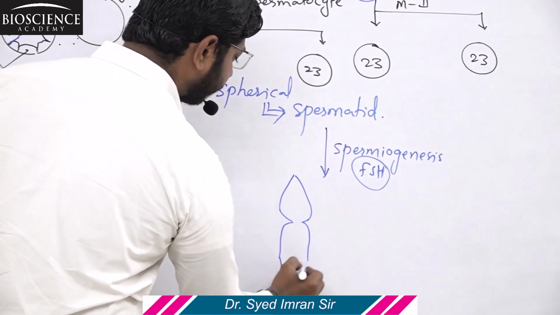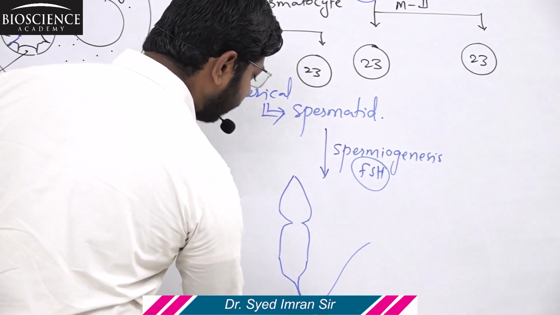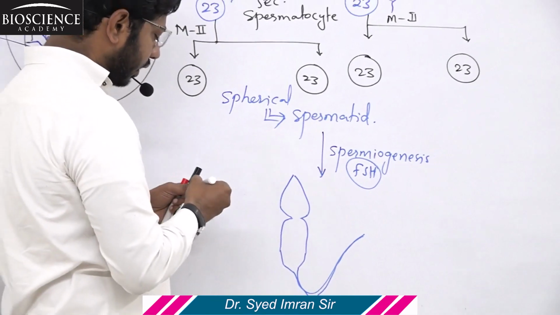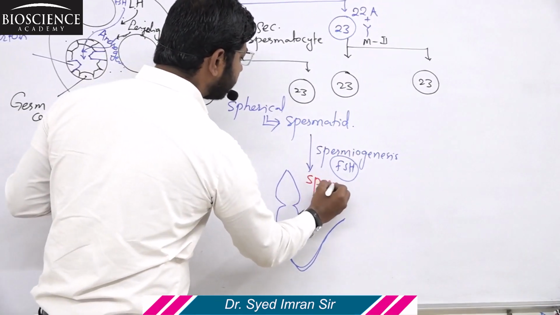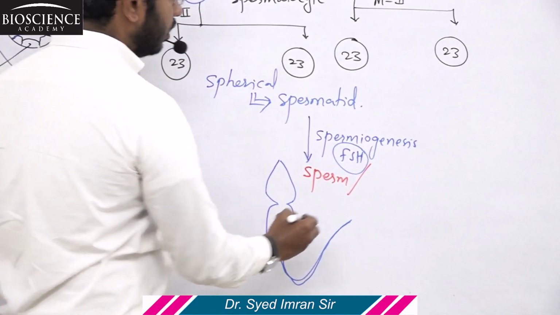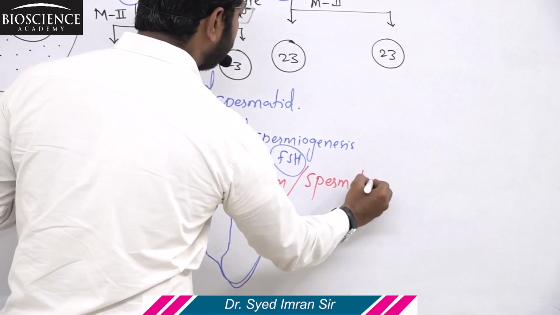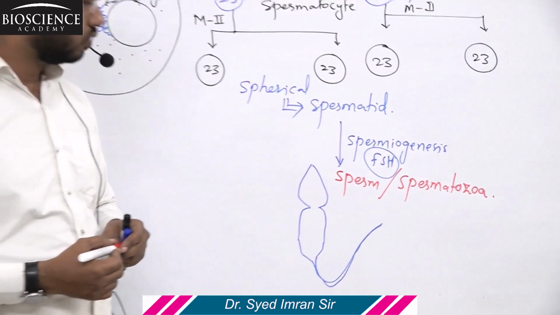This is the structural representation of the male gamete, which is called a sperm. So the spermatid is finally converted into a fully matured structure, which is called a sperm, also called spermatozoa.